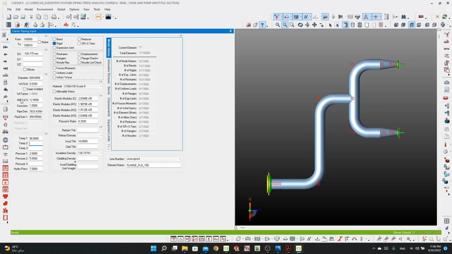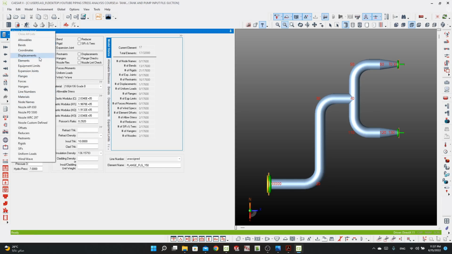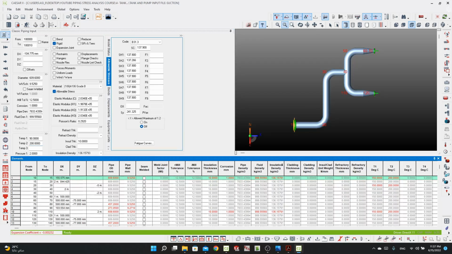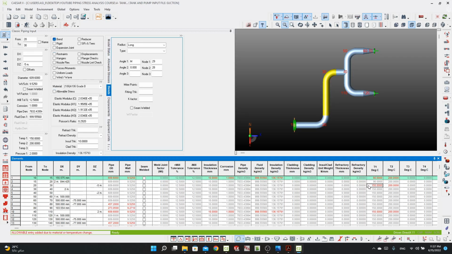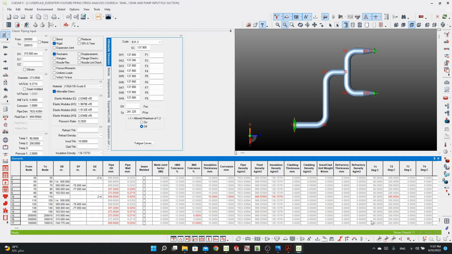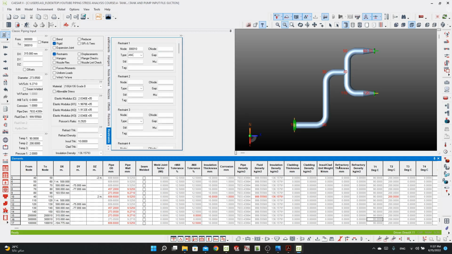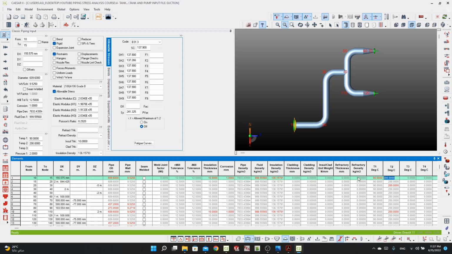It's better to be adjusted from here. Temperature 150. Let's see. A lot of mistakes can happen if we didn't adjust it from here. So please always try to use this list in adjusting the temperatures and pressures.